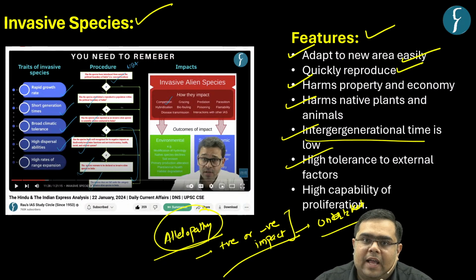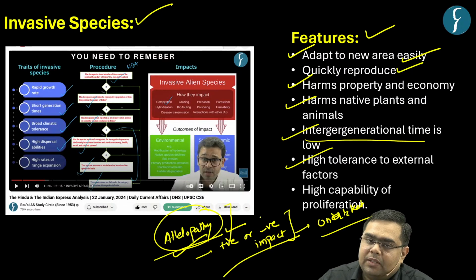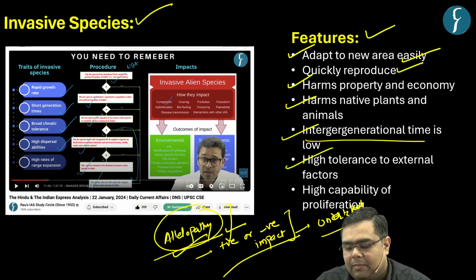So this could have a positive impact as well as a negative impact. I think this was asked 3 to 4 years back in your mains examination. So these kinds of unique terms such as invasive species or allelopathy, however mundane they might look to you, might be asked in your mains examination.